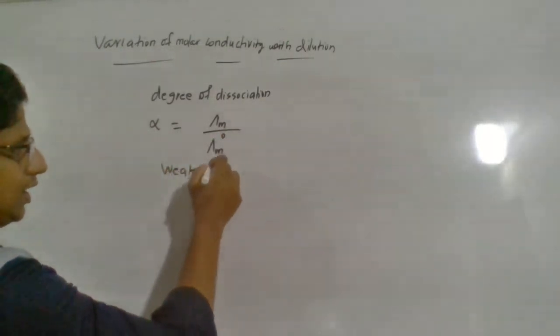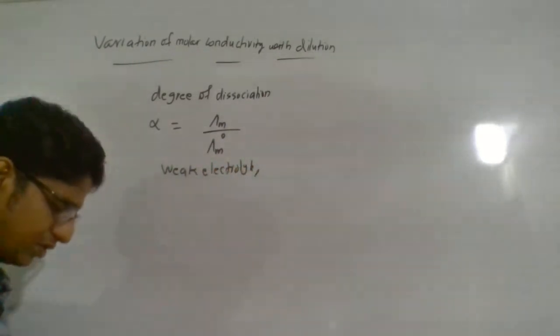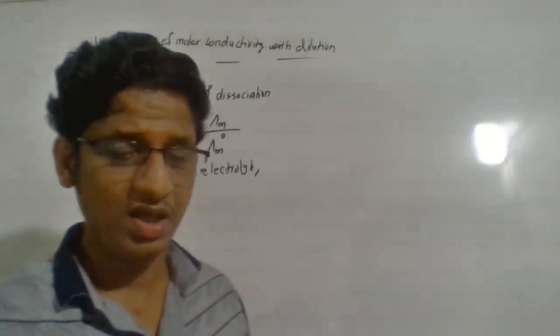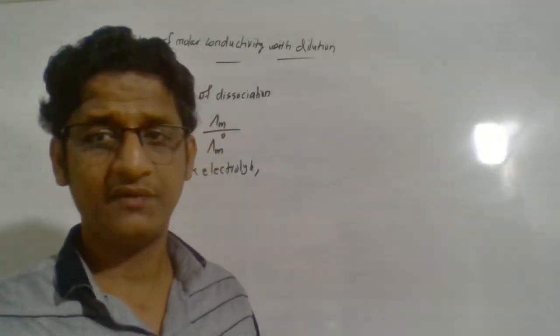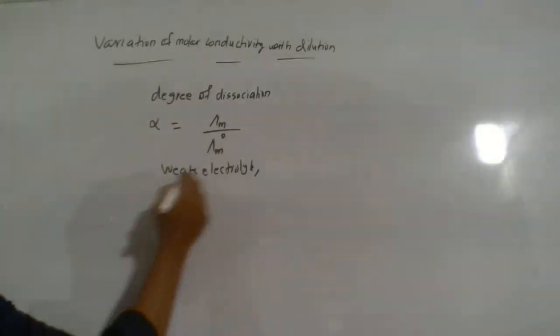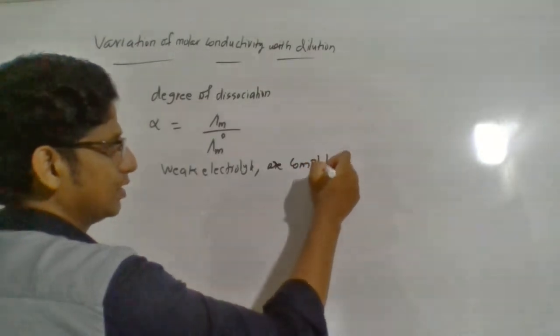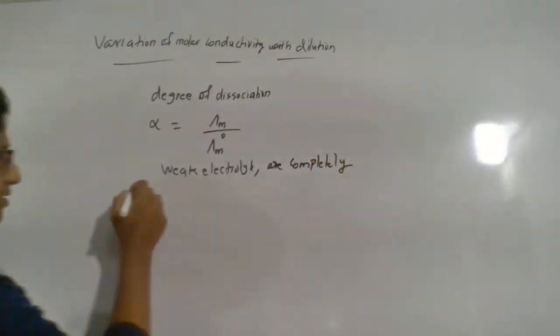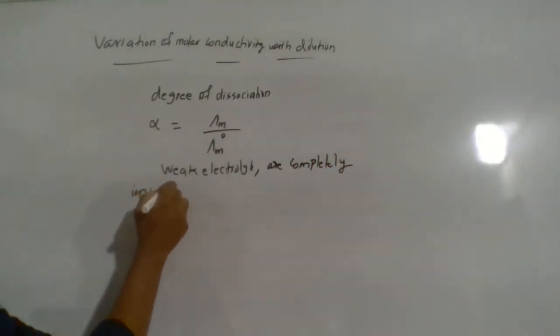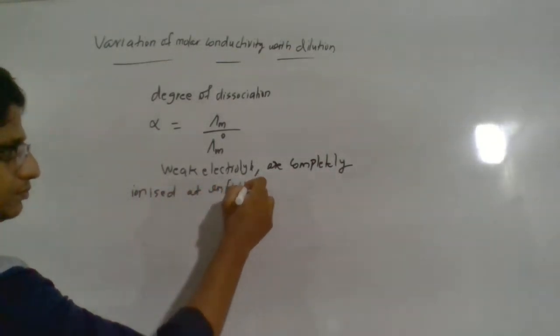For a weak electrolyte, they are partially ionized. But at infinite dilution, weak electrolytes are completely ionized. Something that you have to remember: weak electrolytes are completely ionized at infinite dilution.